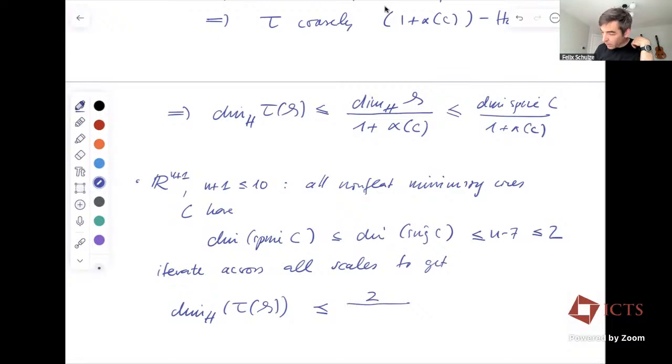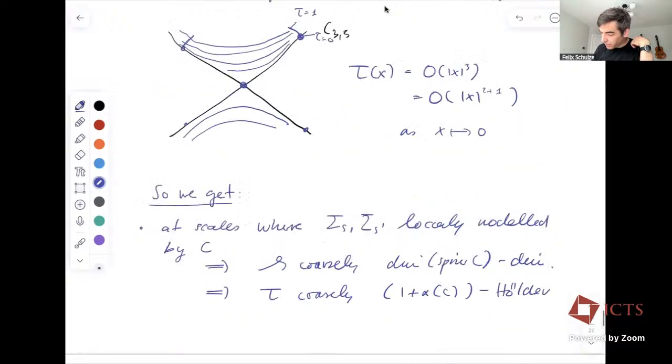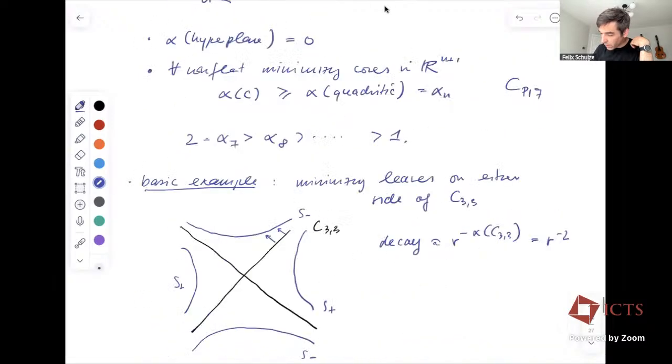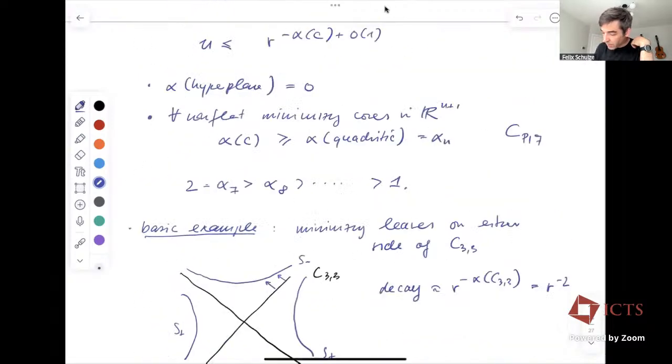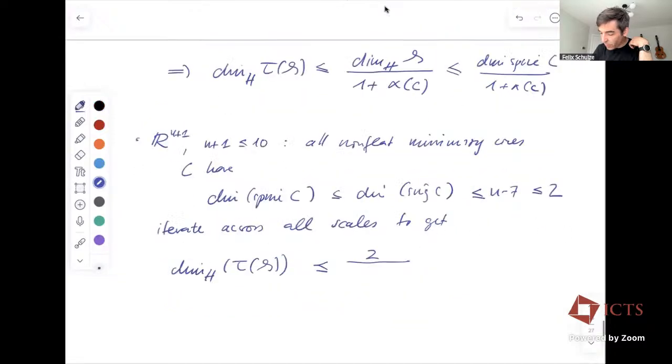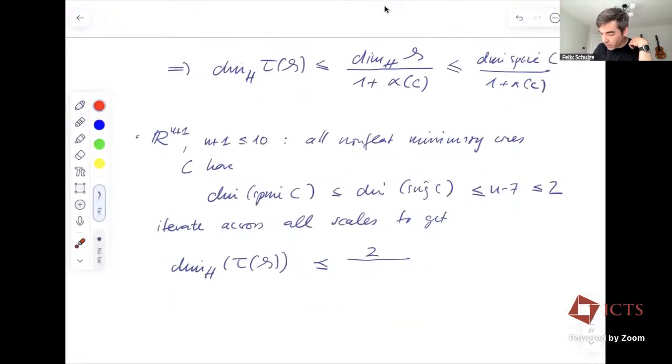And okay, now we go to this here. We know that we're always bigger than 1 here. So we have always this little bit bigger than 1. We can even do it much more carefully, but it's bigger than 1. Remember, the denominator is 1 plus alpha of C. So we have 1 plus a little delta.